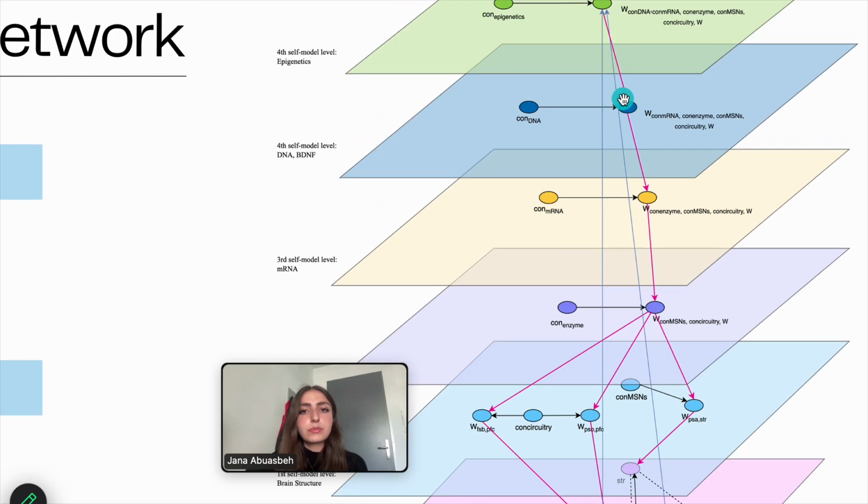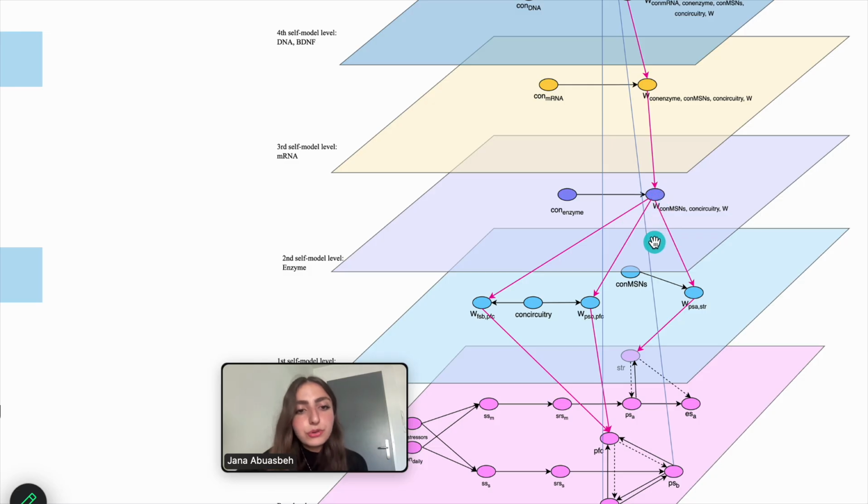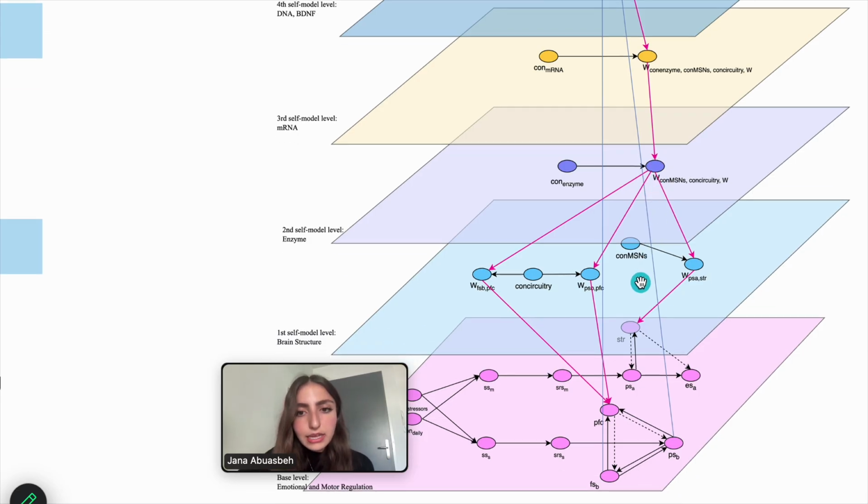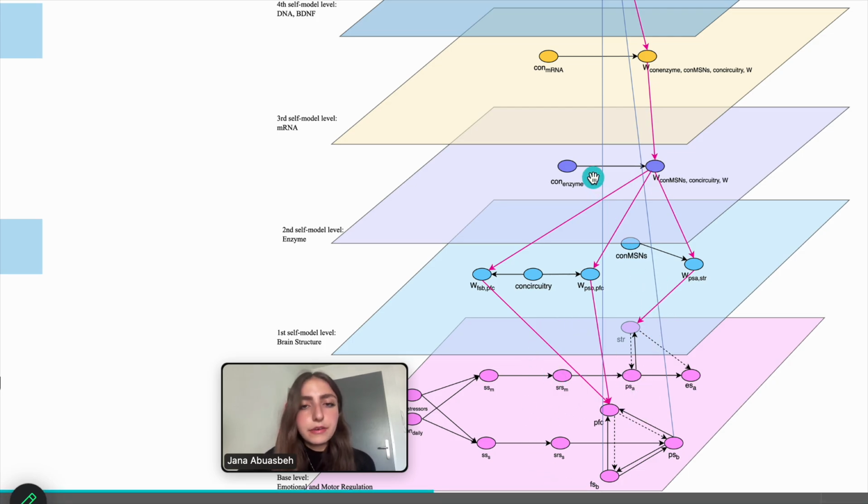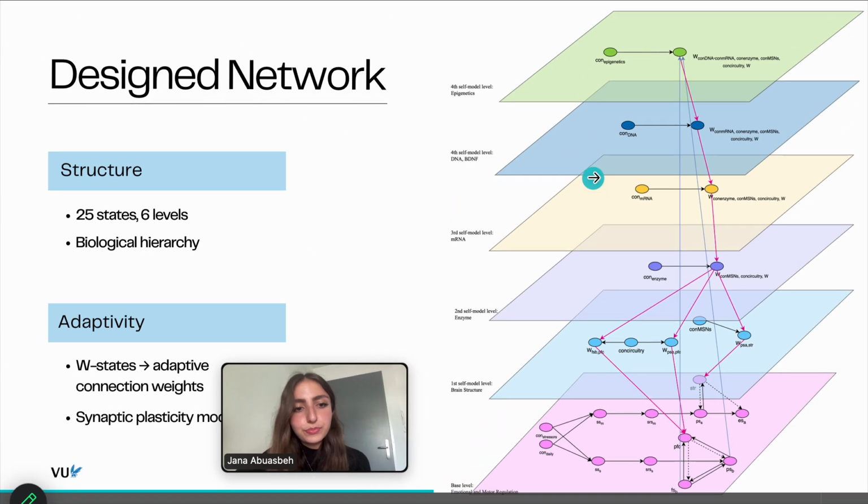So this allows us to model how DNA hypermethylation causes loss of BDNF gene expression, lower mRNA levels, decreased protein synthesis, a decrease in neuronal health, and finally the effect of this on symptoms.